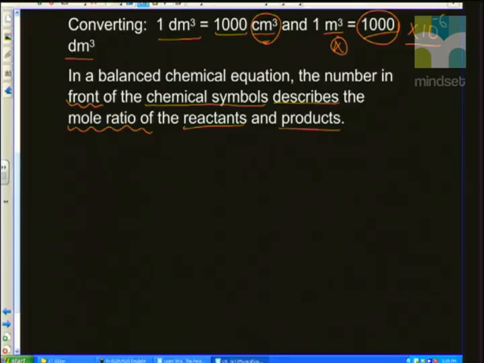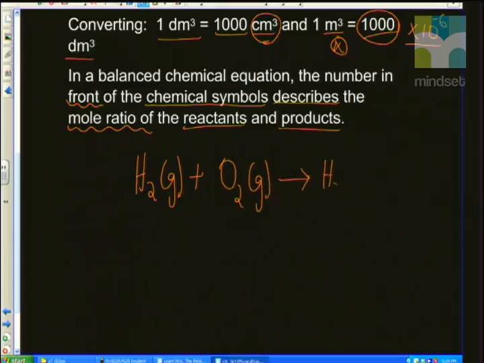If you have this example here, for example, H2 gas reacting with O2 gas, giving me H2O gas. This is vapor. If I balance this equation here, I'll put a 2 there, and that's a 4, so I will therefore have a 2 here.